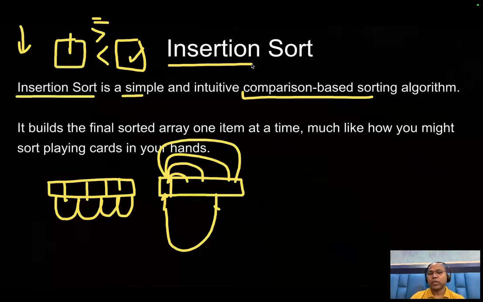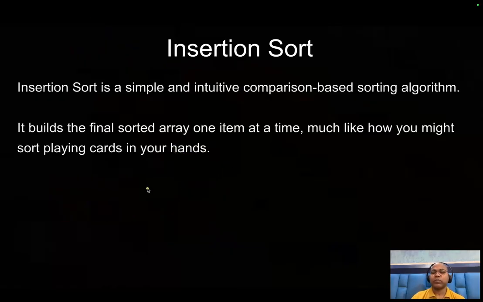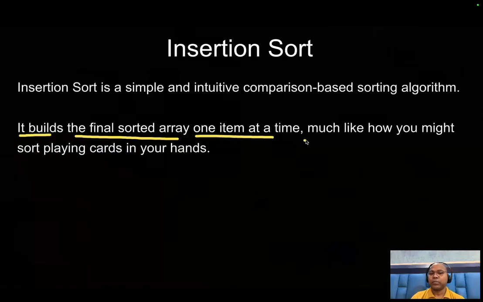Today is insertion sort. The approach here is a little bit simpler than you might expect. It builds the final sorted array one element at a time, much like playing cards in your hand.